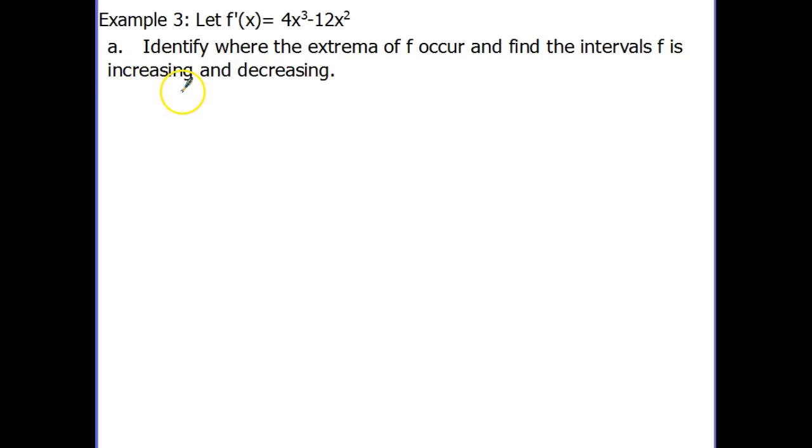Okay, so this represents the derivative. So find your zeros of the derivative. Always factor out your GCF. What does it mean when you can factor out an x squared twice?